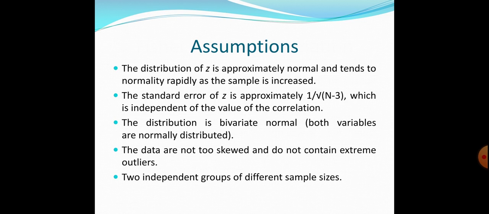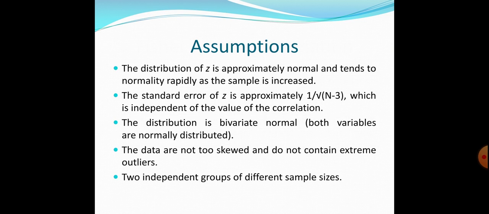The standard error of Z is approximately 1 divided by square root of n minus 3, which is independent of the value of correlation. As you see in the formula, there is no r, so the standard error of Z is independent of the value of correlation. No effect of correlation in the standard error.